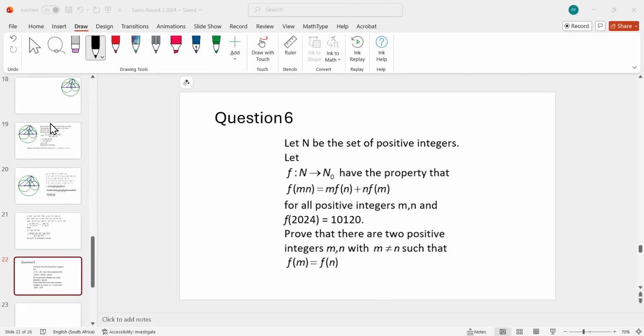Most of the time, I must admit that I have to look at the published solutions to give myself some lead, but my solutions are not identical by any means with the published solutions. Sometimes it's completely different. This one, I can't remember exactly what the position was. Okay, now let's have a look at this problem.